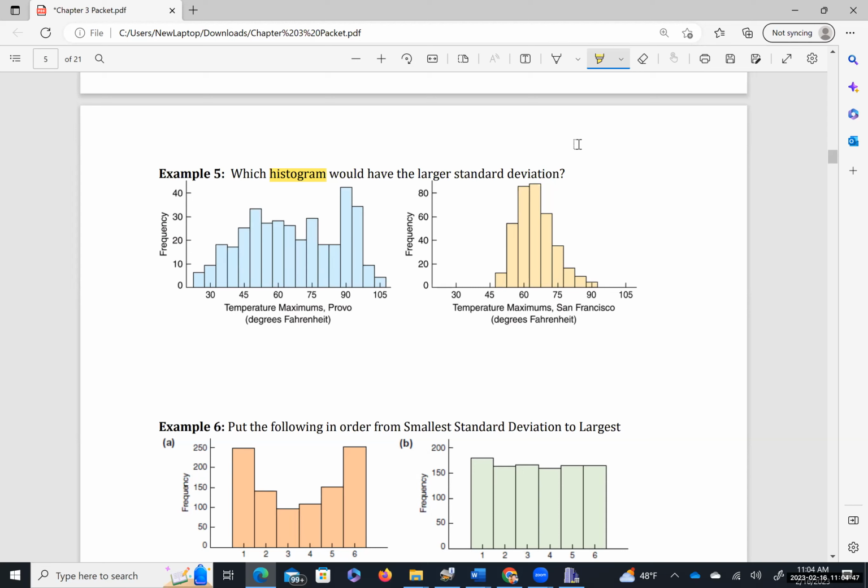And we want to know which histogram group has a larger standard deviation. So let's take a look at the two histograms in example 5 here. As you can see, the mean or the typical value of this could be around here.